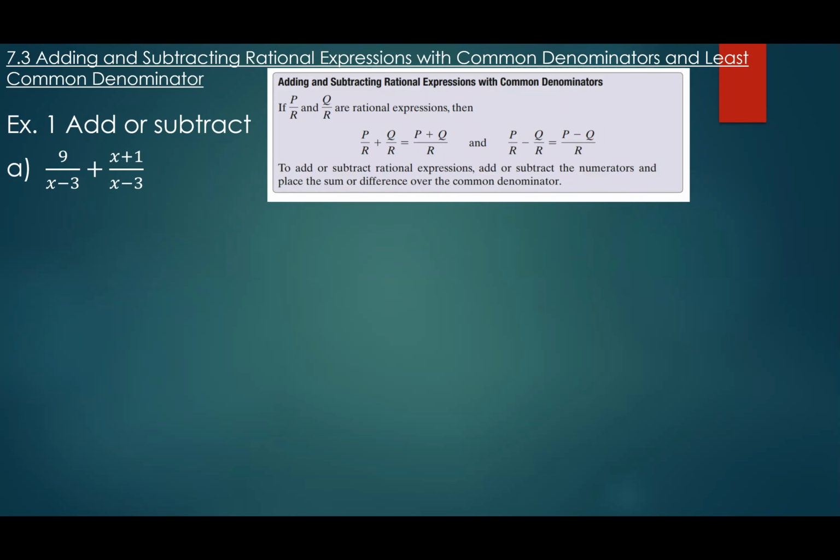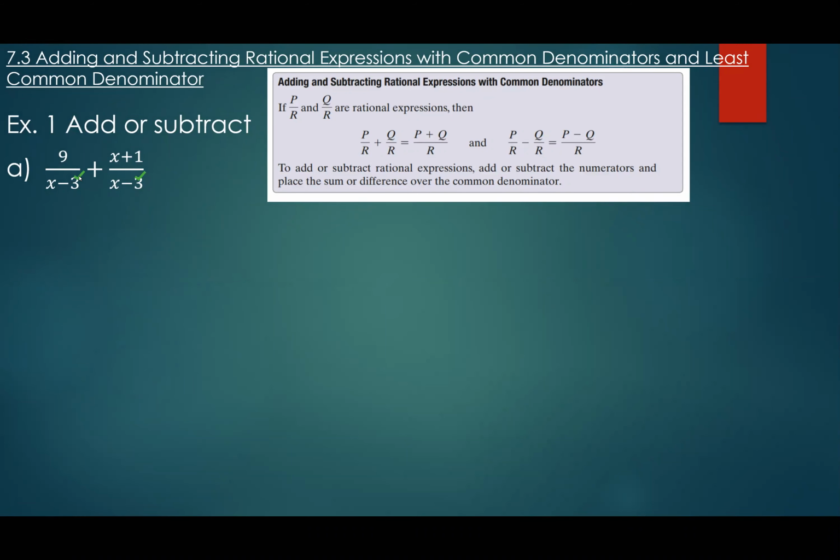They ask you to add or subtract. So looking at this item here, we add 9 over x minus 3 plus x plus 1 over x minus 3. This is your thought process: whenever you see addition, the first thing you ask yourself is, is the denominator the same?